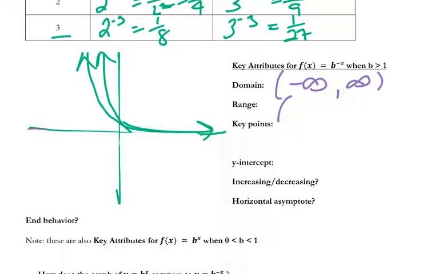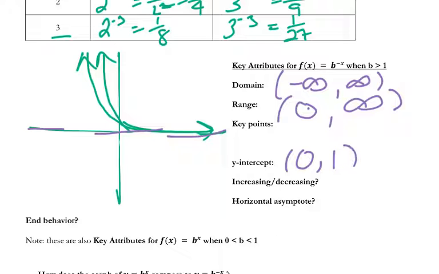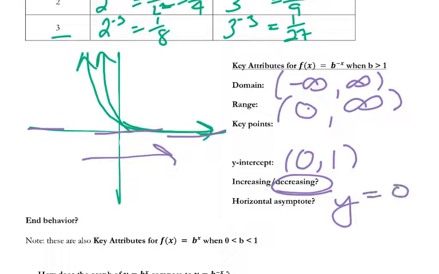Range, well, we still have everything above 0. So this is 0 to infinity. Key points we'll come back to in a second. Y-intercept, 0, 1 still. Increasing or decreasing? It is definitely decreasing as we move from left to right. Horizontal asymptote, y equals 0.